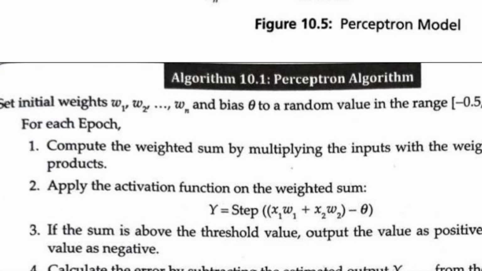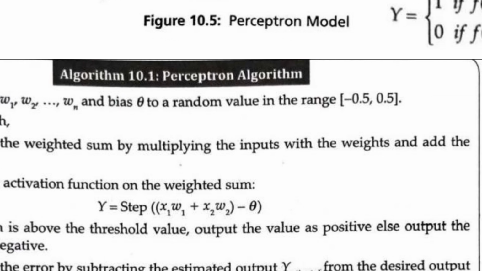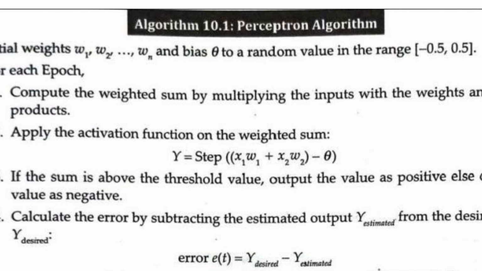For each step, for each epoch, compute the weighted sum by multiplying the inputs with the weights and adding the products, that is, sigma x_i w_i, where i ranges from 1 to n.